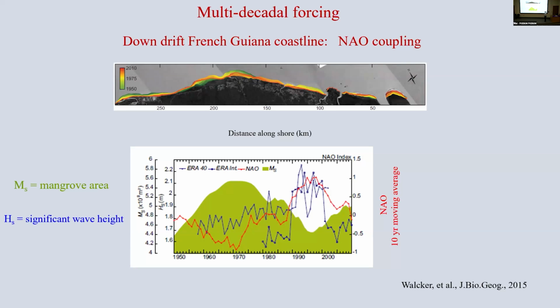Pressure oscillations in the North Atlantic, and this is the wave field as a function of time. This is a 10-year running mean of the NAO index here. And so you can see there's a long-term pattern of change here that drives wave activity along this coastline.